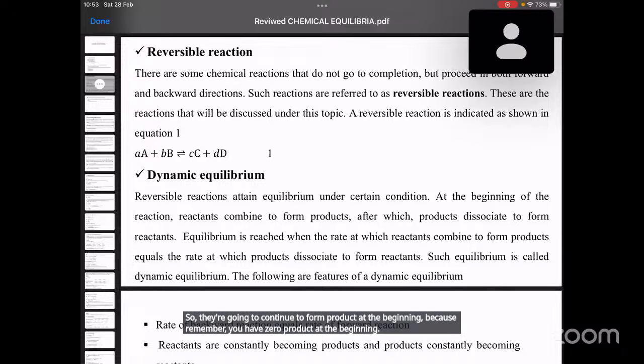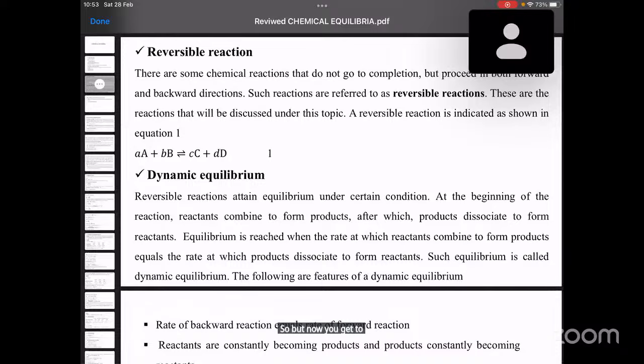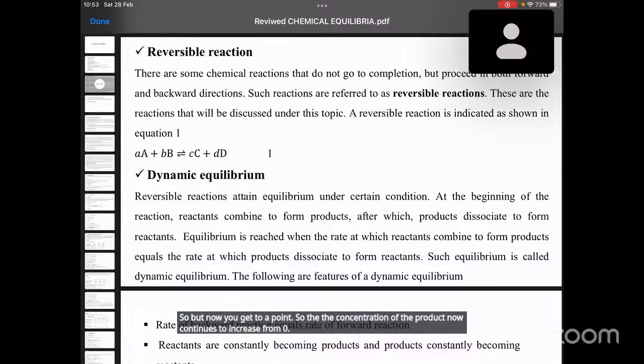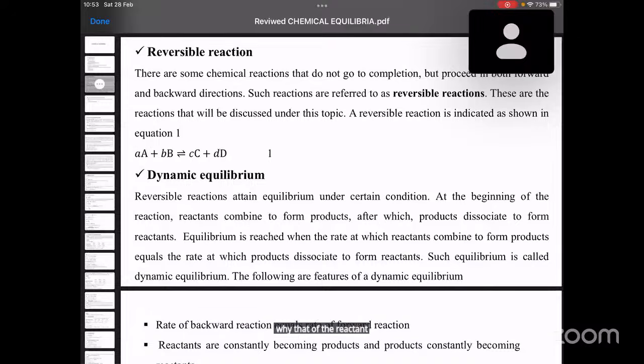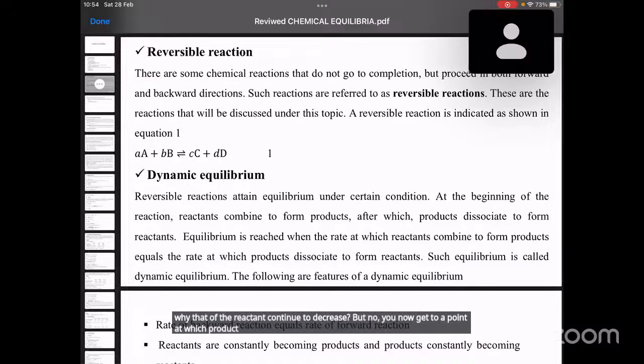The concentration of the product continues to increase from zero, while that of the reactant continues to decrease. But you get to a point at which the product also tries to dissociate and go back to reactant.